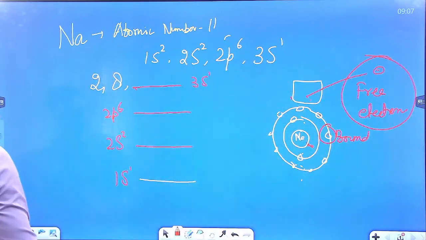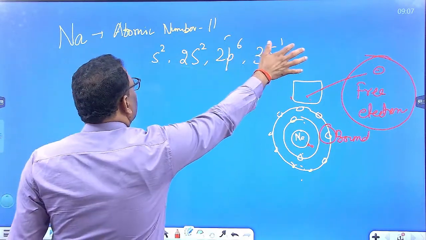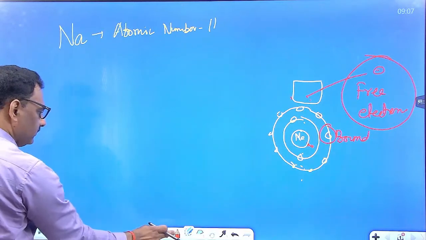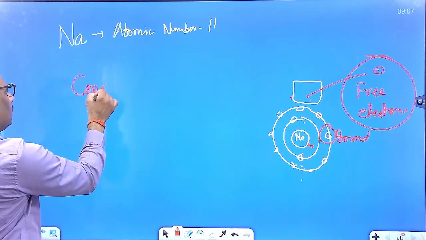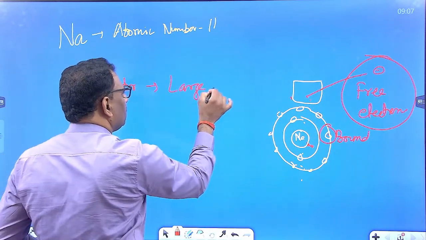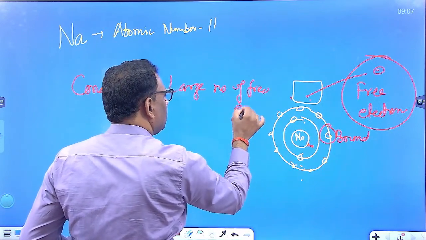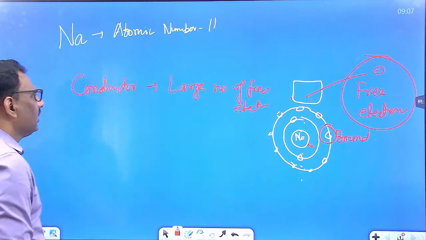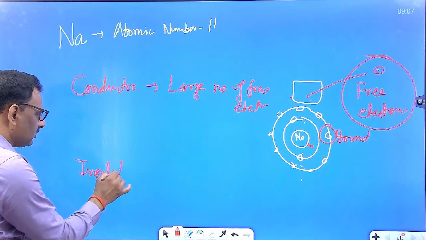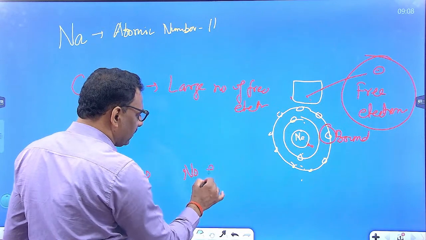So on the basis of free electrons, we can say this conductor has a large number of free electrons, and this insulator has no free electron.